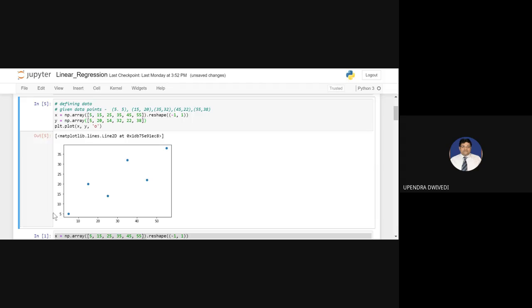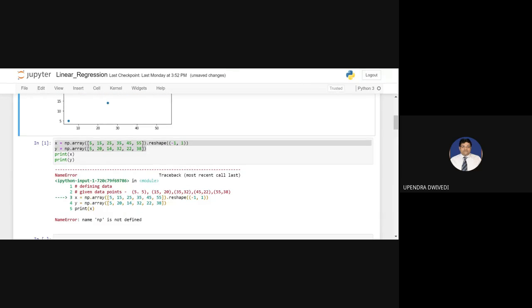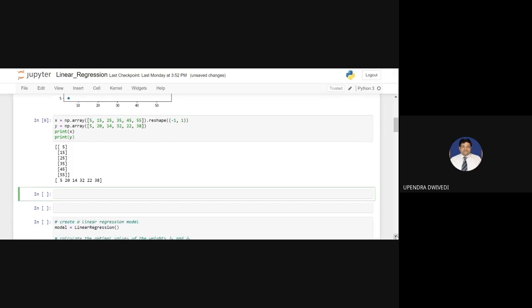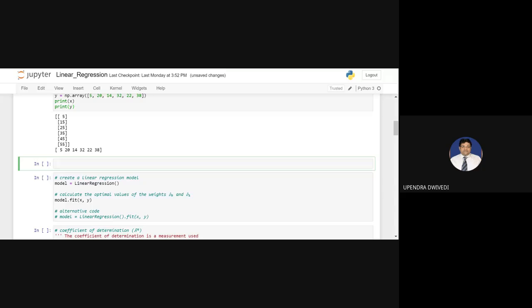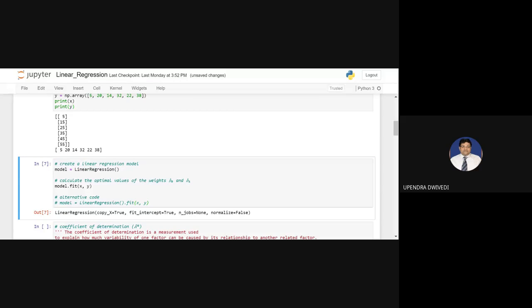Now we have to find a linear equation that will satisfy all these data points. So actually our target is to find a line represented by y equal to a plus b into x. We have to find a, the intercept, and b, the slope of this line. Okay. So now we'll proceed further and convert all these data points into a NumPy array. And we'll call the linear regression model.